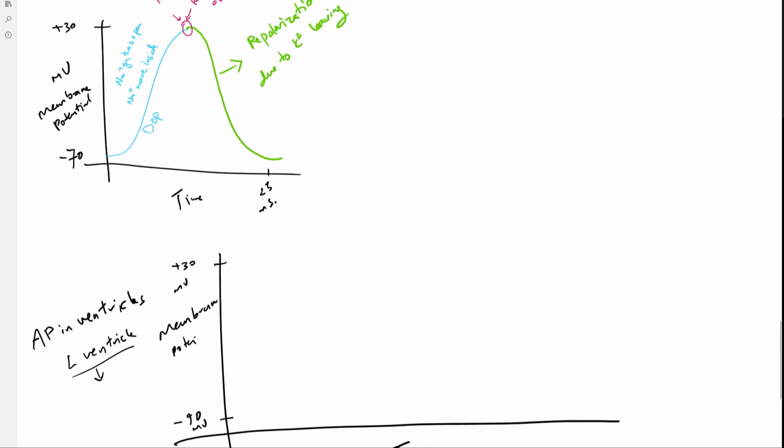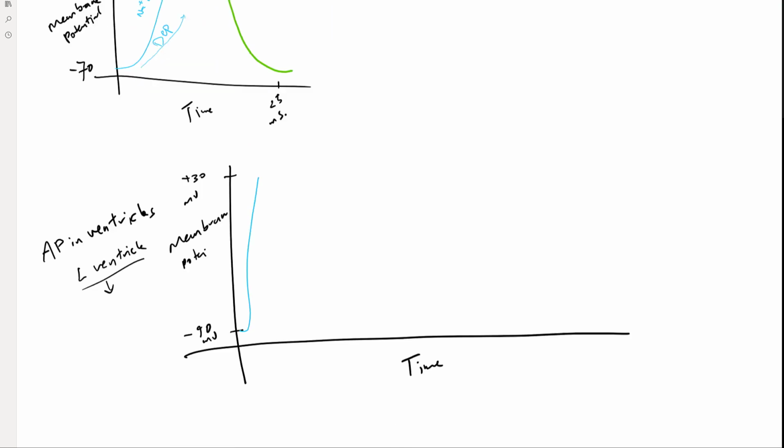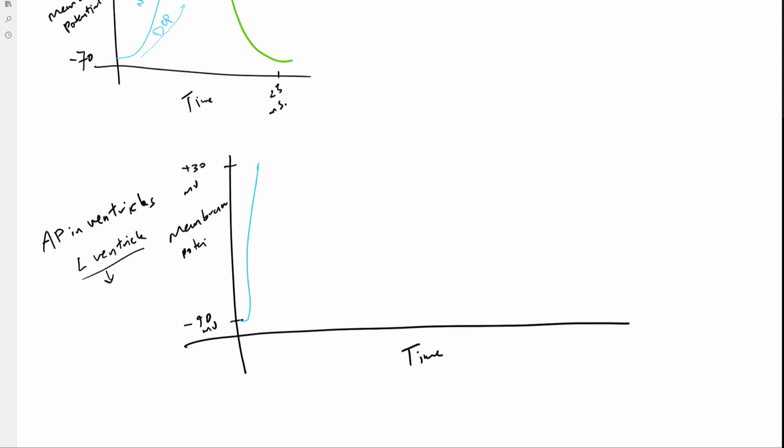But instead of a gradual depolarization, we will have a very sharp depolarization. This depolarization is because of the rush of sodium ions. There is a huge rush of sodium ions. All of the sodium gates will open and the sodium will rush in. And it will reach around plus 30.